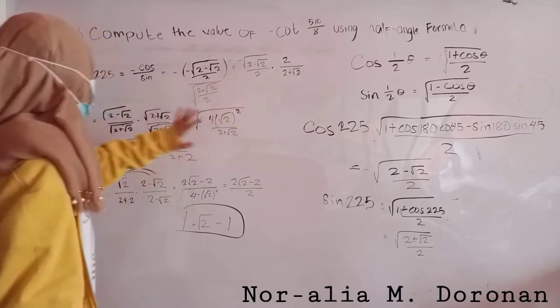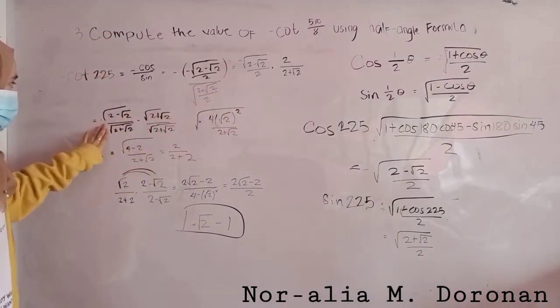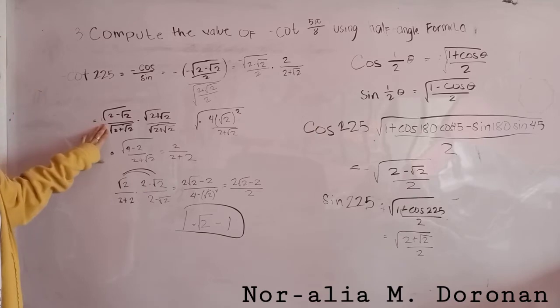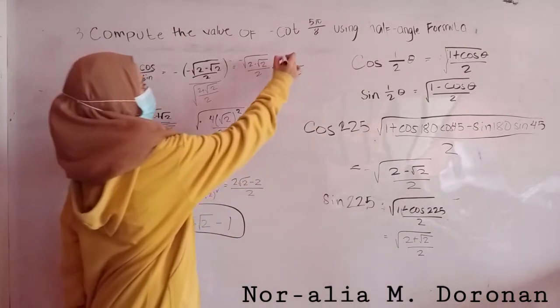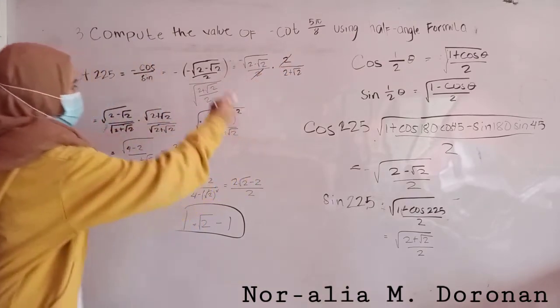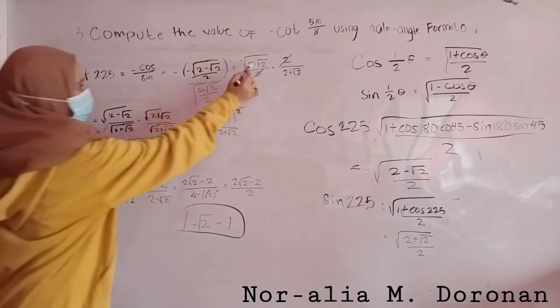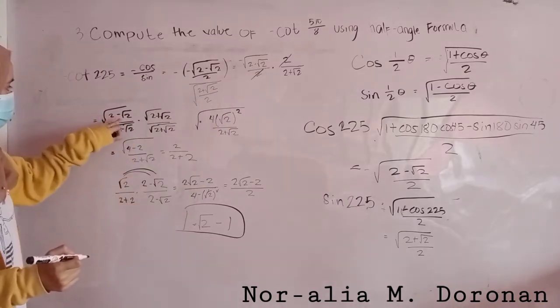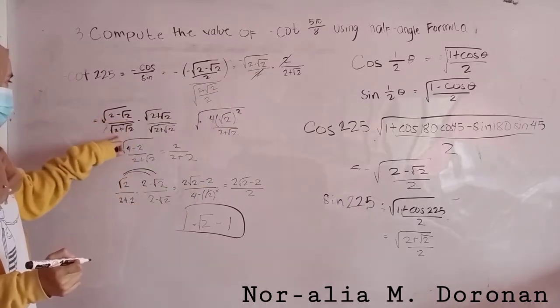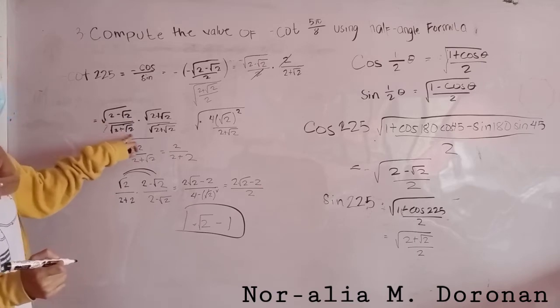This is the reciprocal. So this will cancel and cancel. So just copy the square root of 2 minus square root of 2 over square root of 2 plus square root of 2.